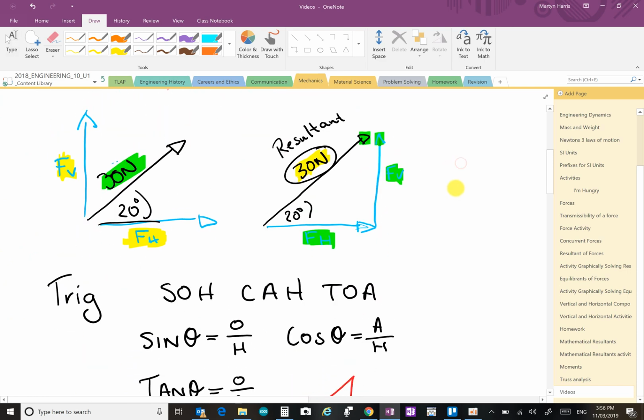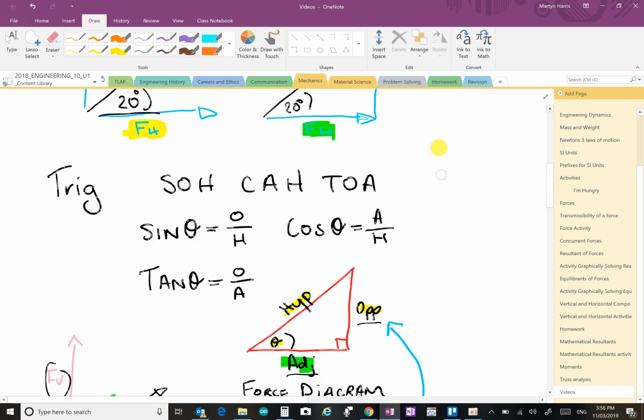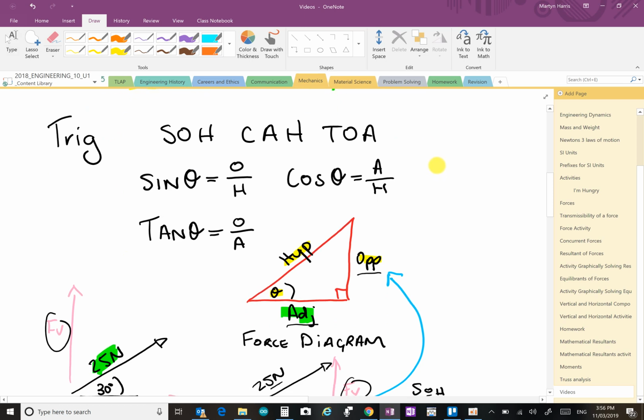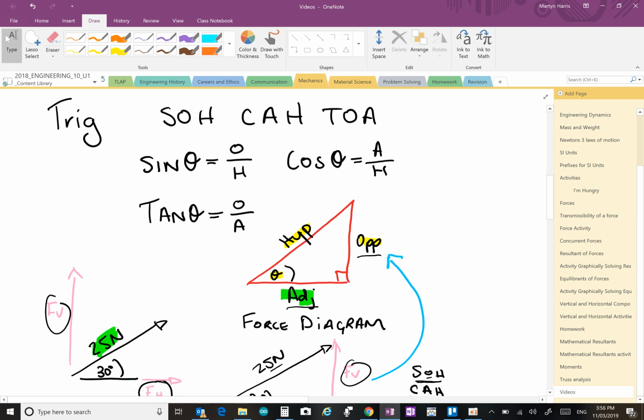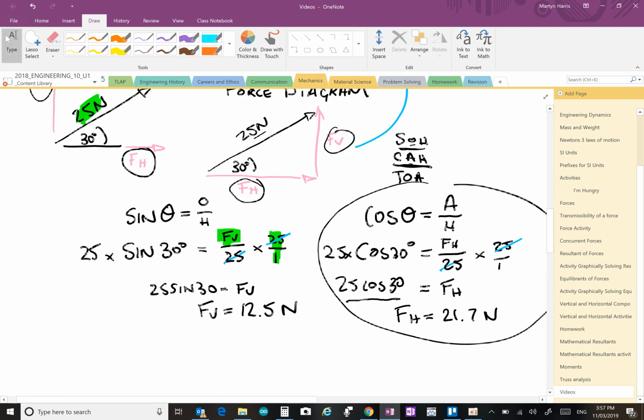A vector will have a vertical and a horizontal component, and we determined that we can work out those components via trigonometry, and we've done that just here.